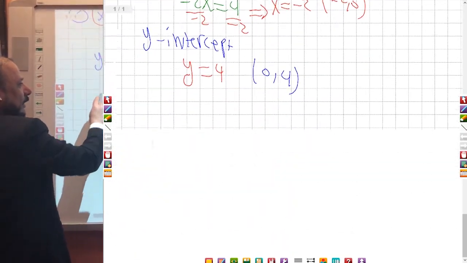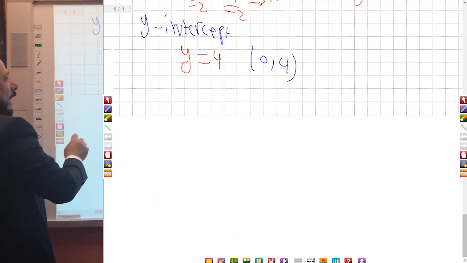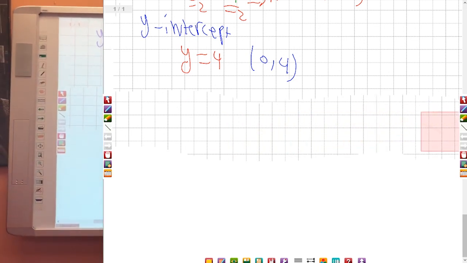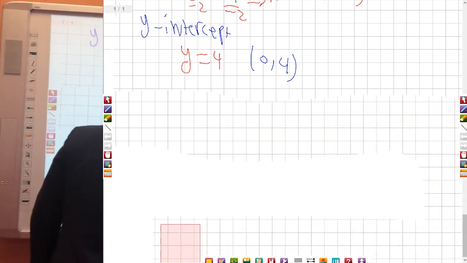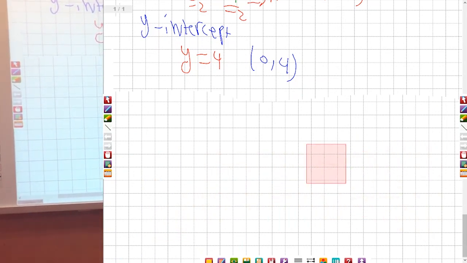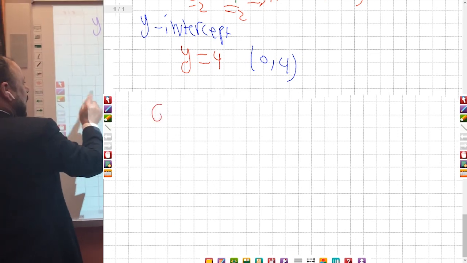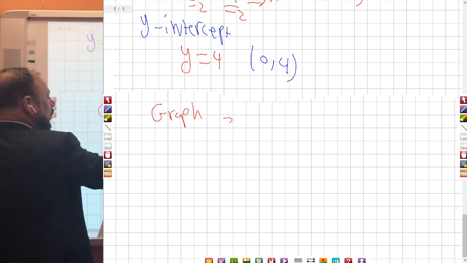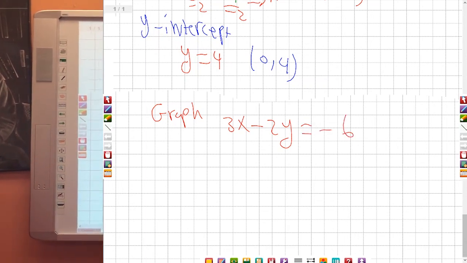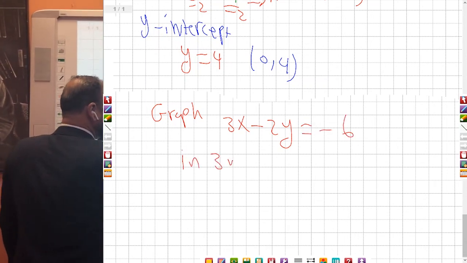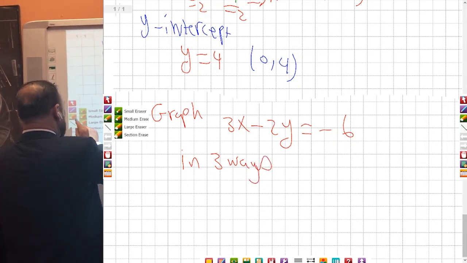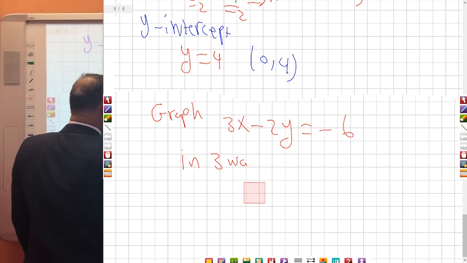Now I'm going to give you an example, a problem. If you want, you can solve it and post your answer, and I will look at it and reply to you. If you graph, you can take a picture and post it. An example for you: graph 3x minus 2y equals -6 in 3 ways.